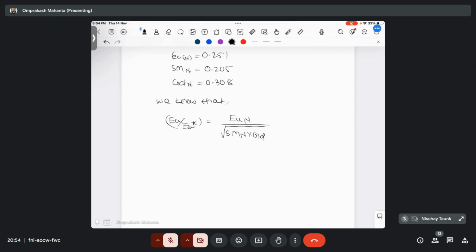Okay, so the Eun value is given as 0.251 divided by the square root of 0.205 into 0.308.